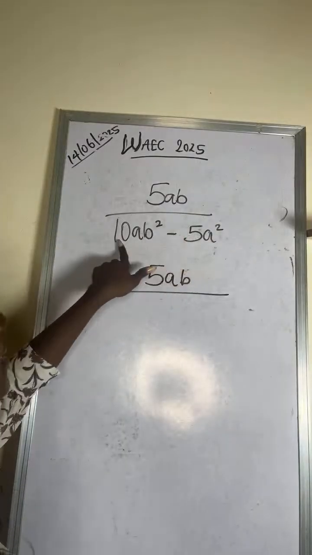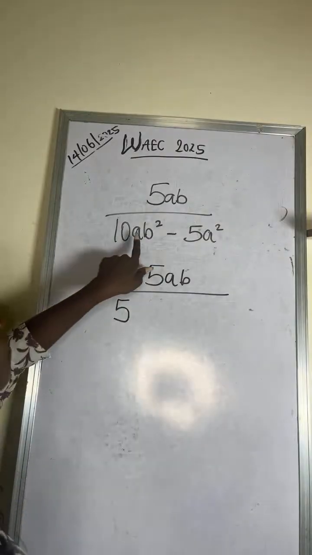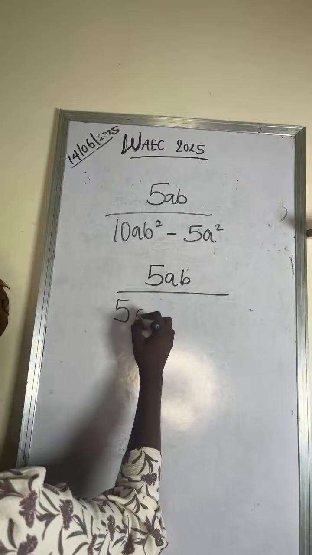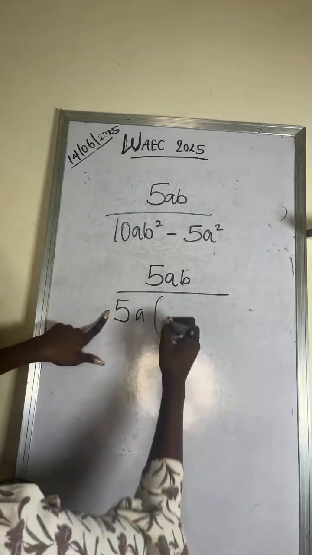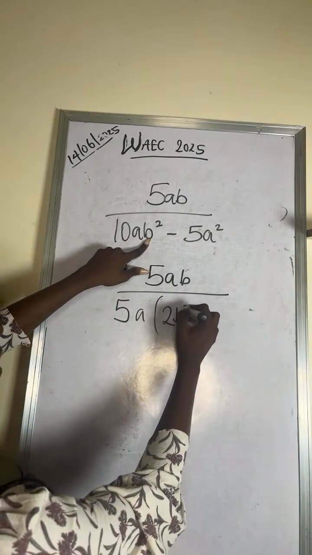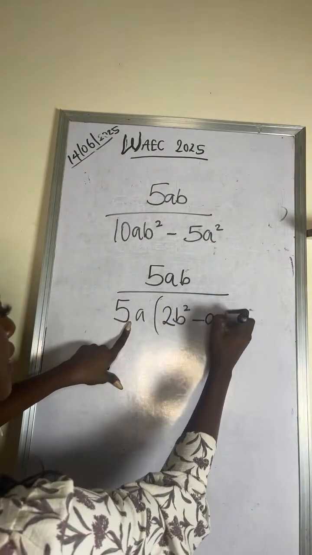Remember we said find the HCF of 10 and 5, which is 5. Then which one is the one with the smaller power? A or a squared? The smaller power, put it here. Put this in bracket. 10 divided by 5 is 2. A divided by a gone. We're left with b squared. 5 divided by 5 gone. A squared divided by a is a.